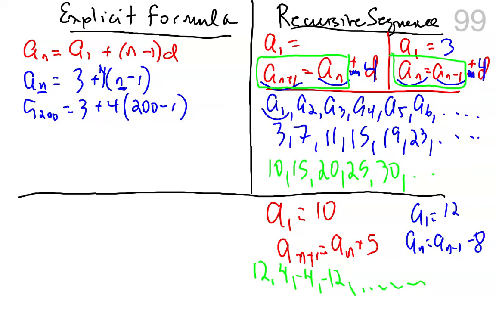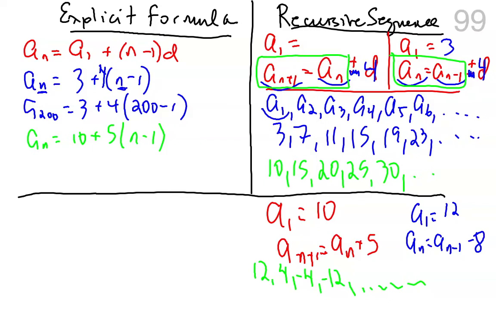Let's go. A sub n equals, what's the first term? 10 plus, what's the common difference? 5 times n minus 1. Done. Now, how easy is this? This is very, very simple. What if I said to you, what's the 15th term? Equals 10 plus 5 times 15 minus 1. What's 15 minus 1? 14 times 5 is 70. 70 plus 10. 80.